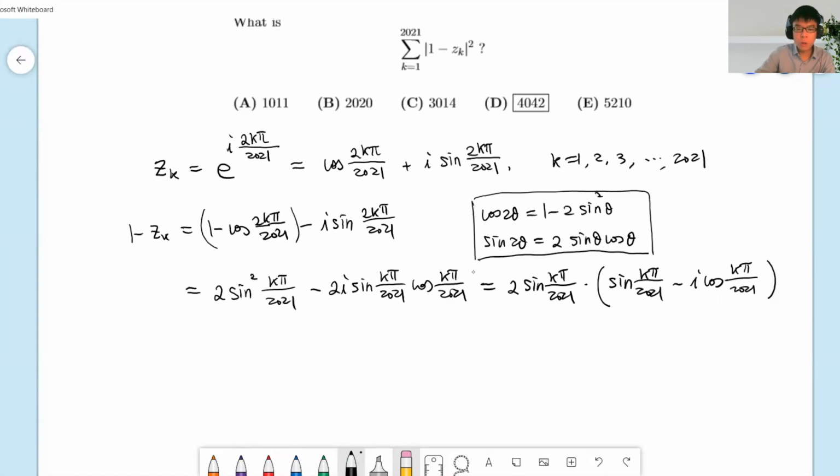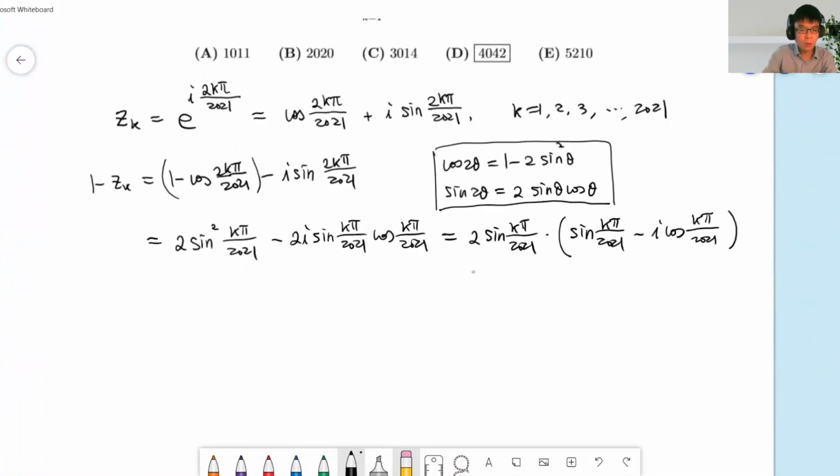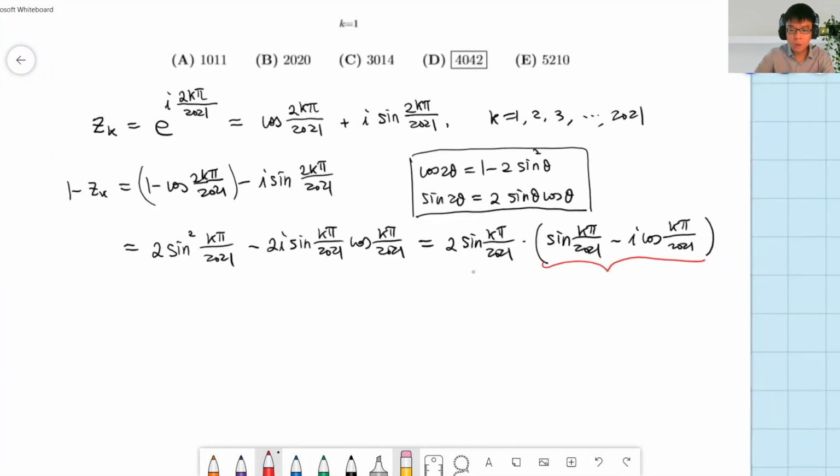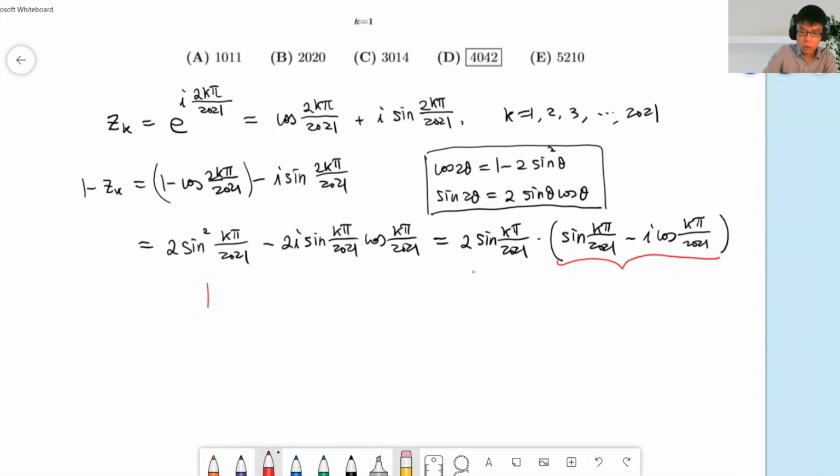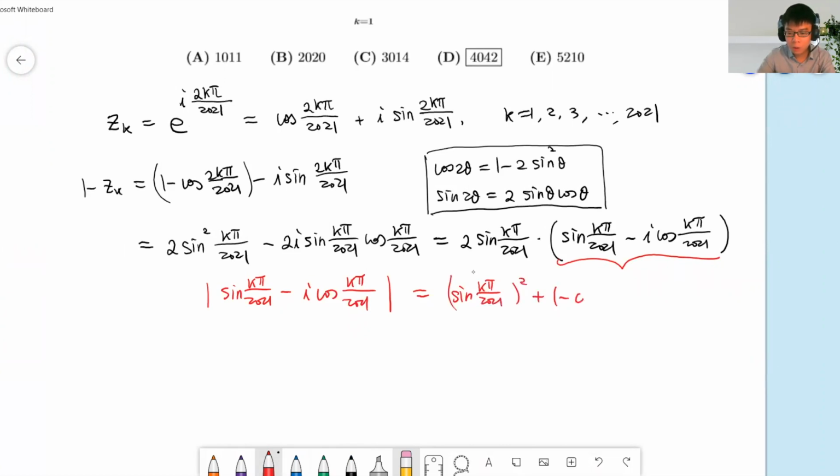Right, so we are able to simplify the modulus. Here, notice that the parenthesis part will have modulus 1, which is implied by definition. So sine k pi over 2021 minus I cosine k pi over 2021, well, this is basically sine squared k pi over 2021 plus cosine squared k pi over 2021.